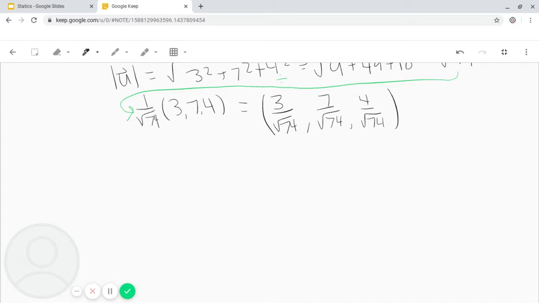Finally, we'll look at direction cosine. We want to find alpha of vector u.